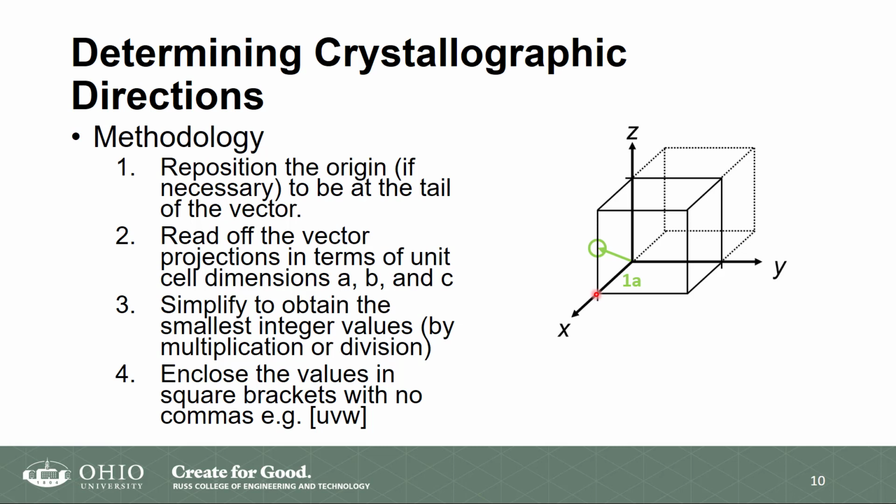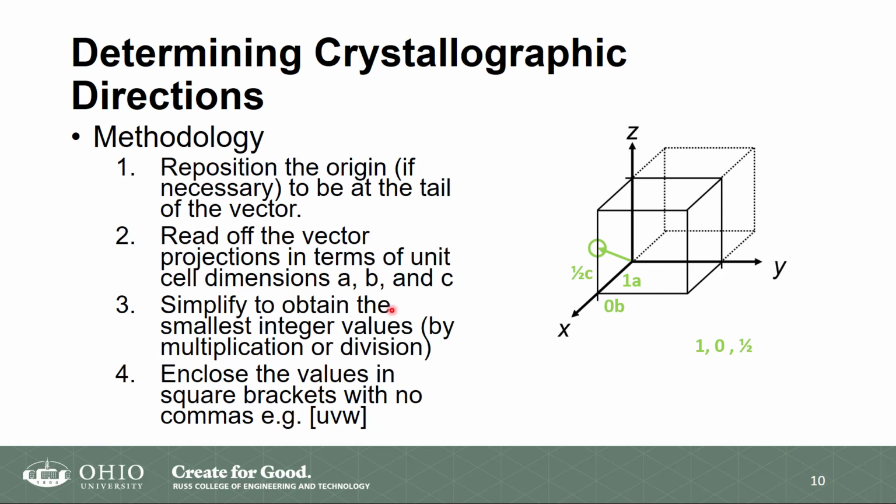Then we see that the vector does not move in the y direction, so there's no distance to consider in the y direction. And then it moves halfway in the z direction, and we'll call that 1/2 c. So we end up with 3 coordinates, which are 1, 0, and 1/2 for the x, y, and z axes respectively.